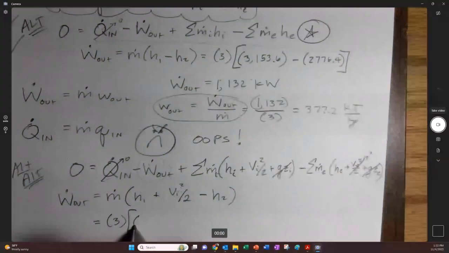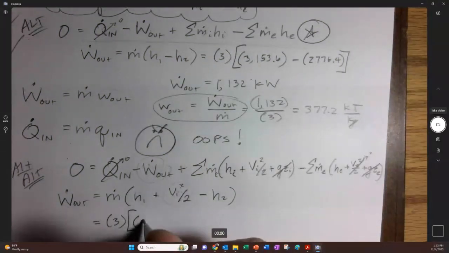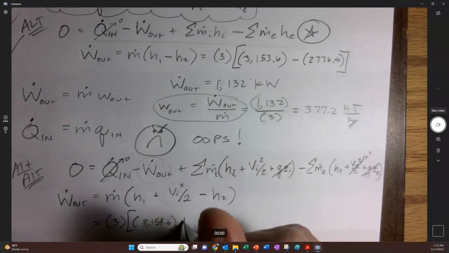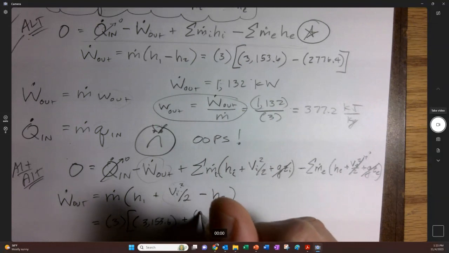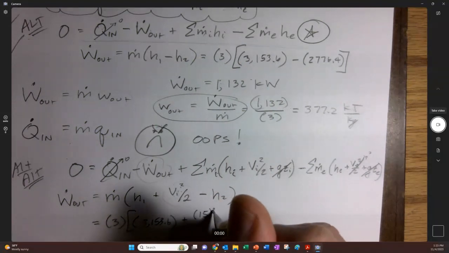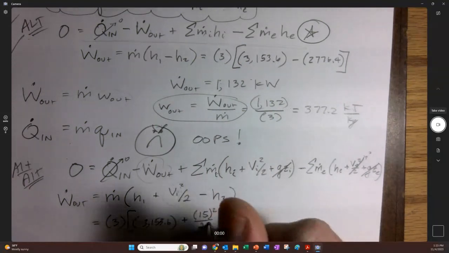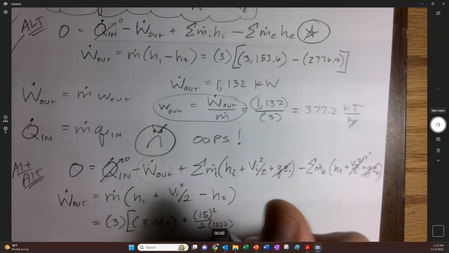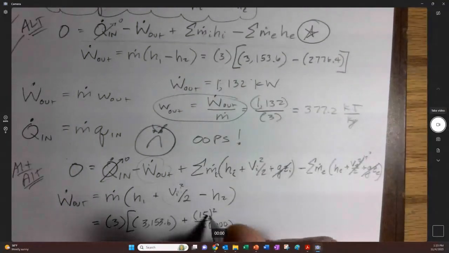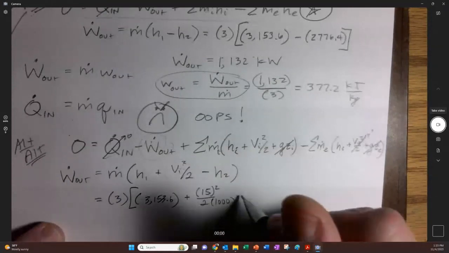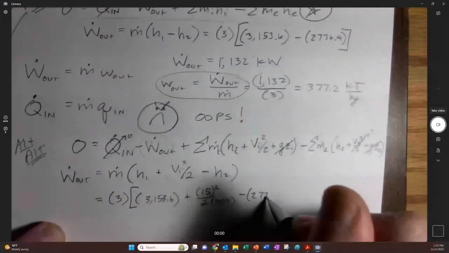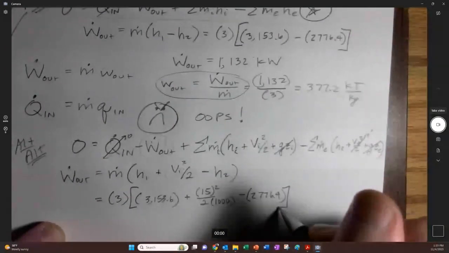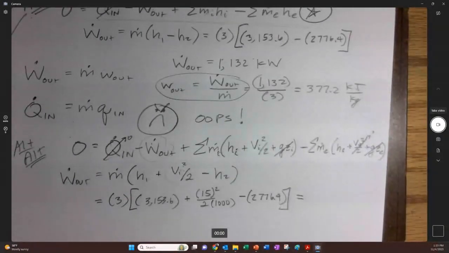With the values, right? So we had that same value as up above, 3,153.6, but now we're going to go plus, and we were told it was 15 squared over 2, but we also have to divide by 1,000. And we can go through the units there in a second to demonstrate this. And then minus our 2776.4. And let's see what that value is going to be.